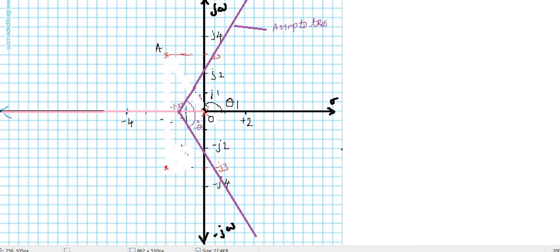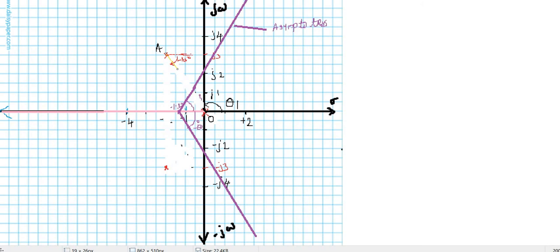So, corresponding to this point A, mark the angle here because it is minus 33 degree, and draw a straight line from this point A. Now mark the angle as minus 33 degree.